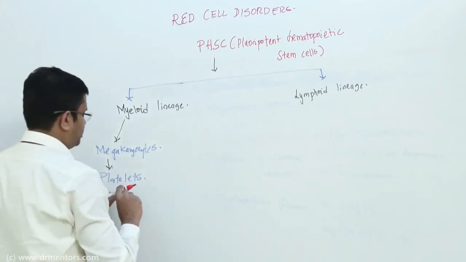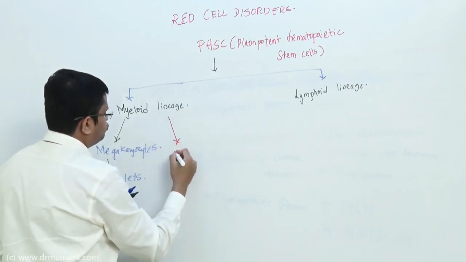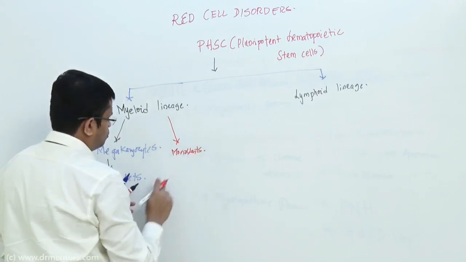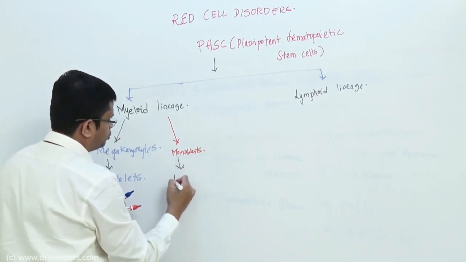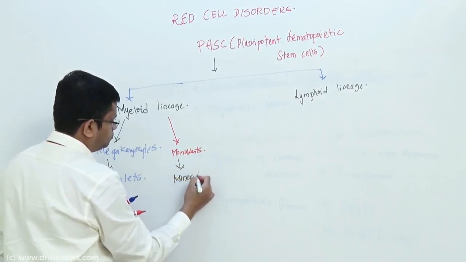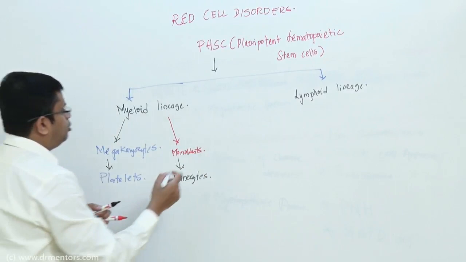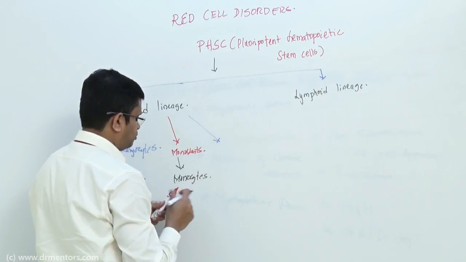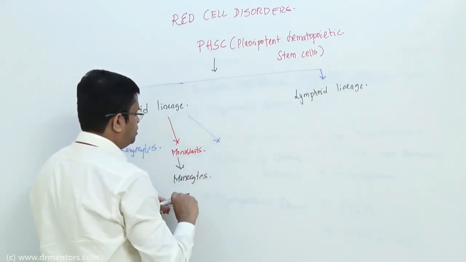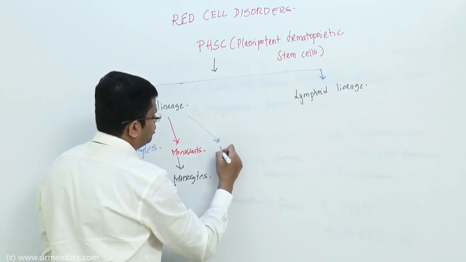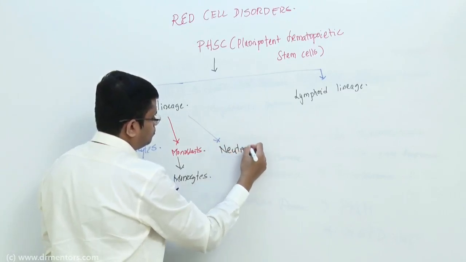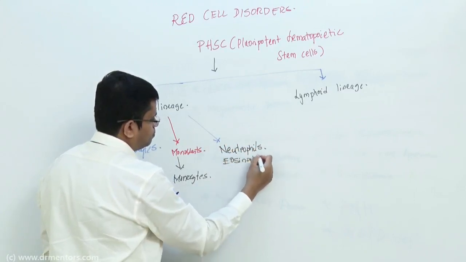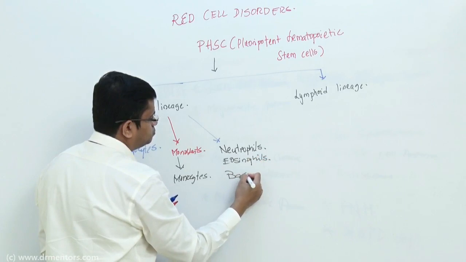Then we'll focus on the next thing. The myeloid lineage also gives rise to the monoblast. Monoblasts are the ones which give rise to the monocytes. Then the myeloid lineage also gives rise to the various granulocytes. What are the granulocytes? You are all familiar with them: the neutrophils, eosinophils, basophils.